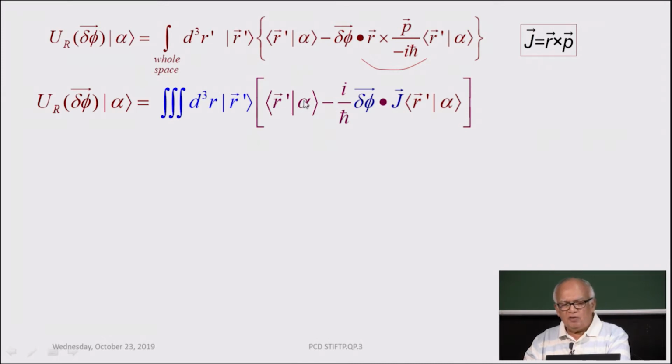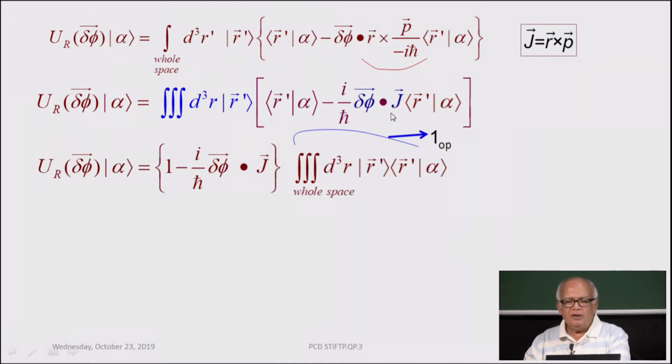The first over here is operated by the unit operator, which is sitting over here, and here the operator is minus i over h cross delta phi dot J. So, you can write this result as the operator 1 minus i over h cross delta phi dot J operating on this state vector, of which this is the unit operator which we had inserted.